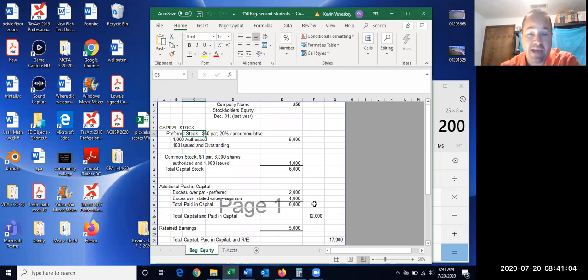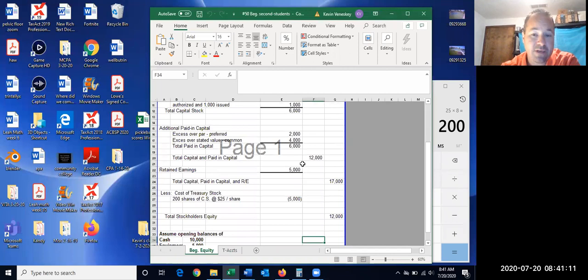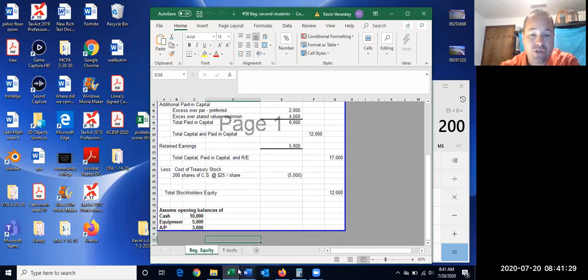Then we've got our additional paid-in capital for whatever we sold shares for over par. I've got the retained earnings here. And finally, I show that we have some treasury stock that we bought back at some time in the past. We currently have 200 shares, and we bought them back at $25 each. The last thing, to make the equation balance, I put in a few numbers so that assets equal liabilities and owner's equity.